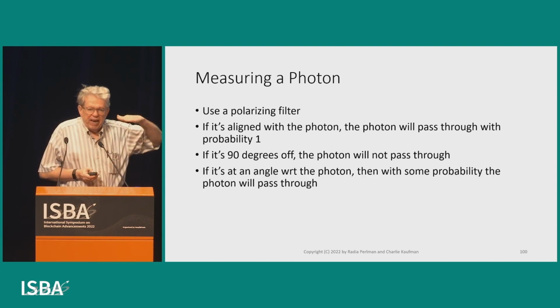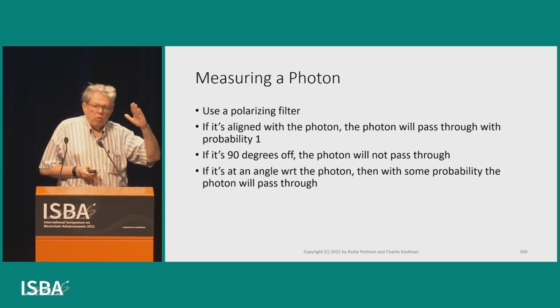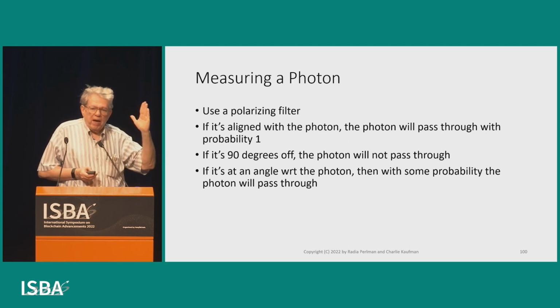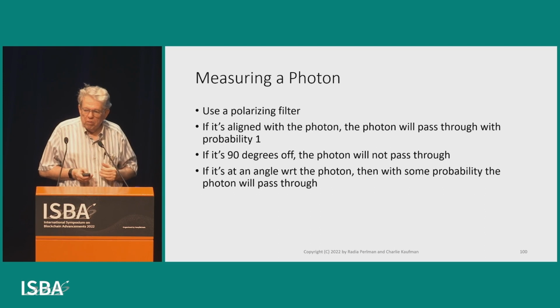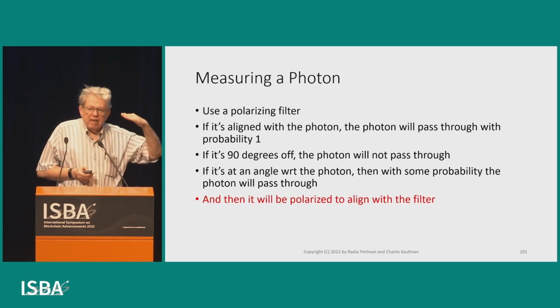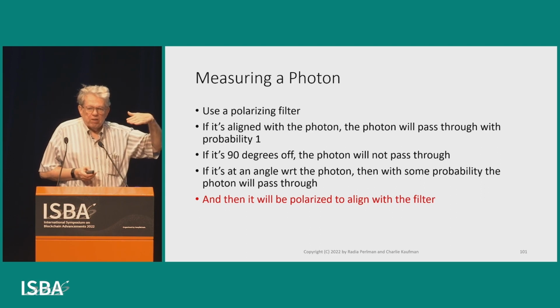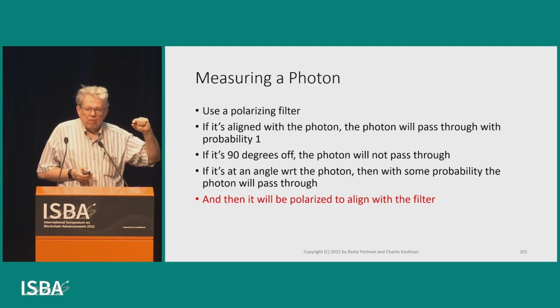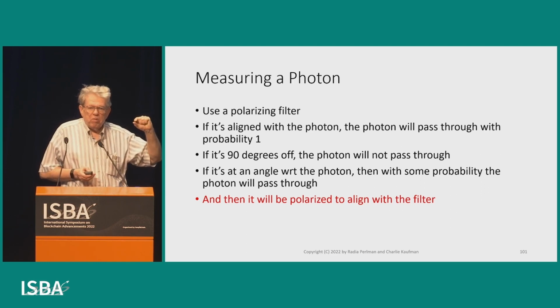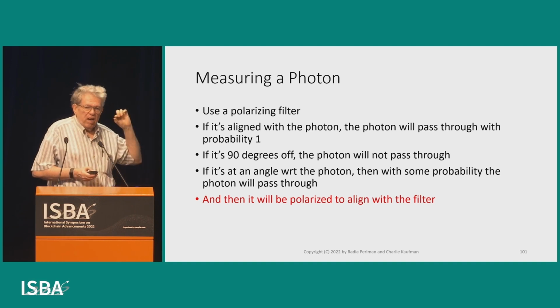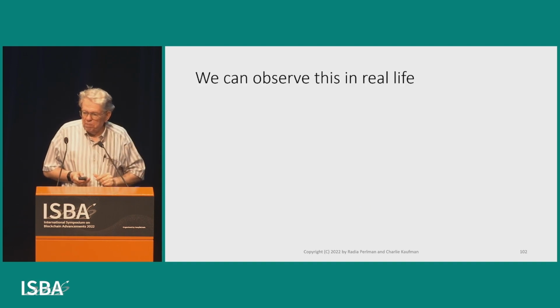If it's at an angle, then with some probability the photon will pass through and with some probability it won't. And the quantum magic is that once it has passed through the filter, it is now aligned with the filter, because that's a measurement, and once you measure it, it takes on the value that you measured.